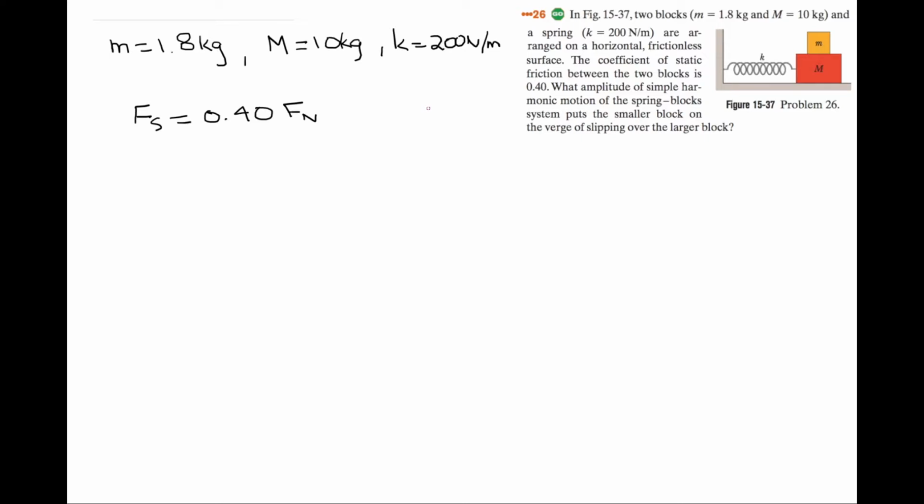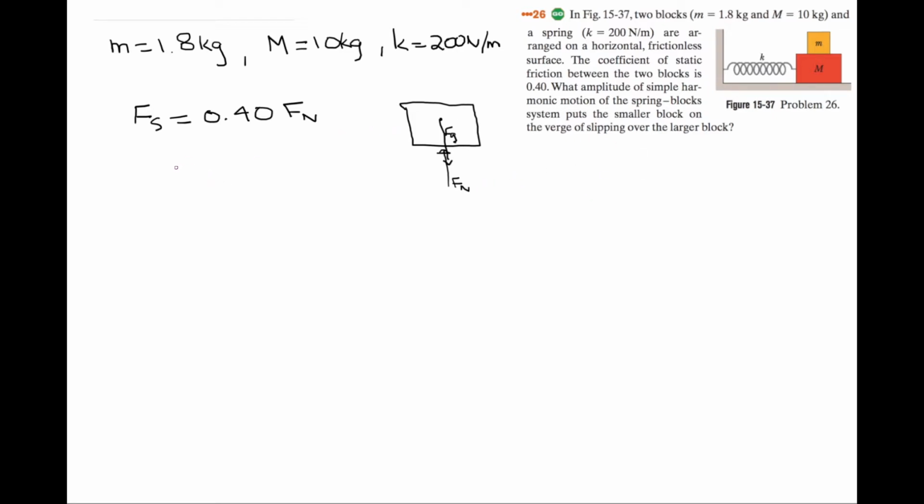So if we analyze the small block here, we have the force of gravity, Fg, acting downwards. We have Fn, the normal force, acting up. Those are our vertical forces. We also have the friction force acting left, and the block's momentum due to the spring moving to the right.